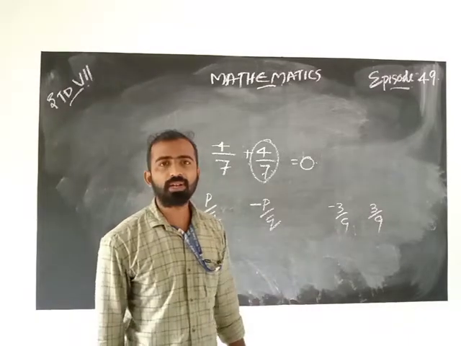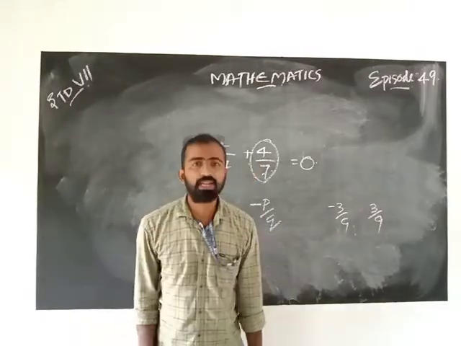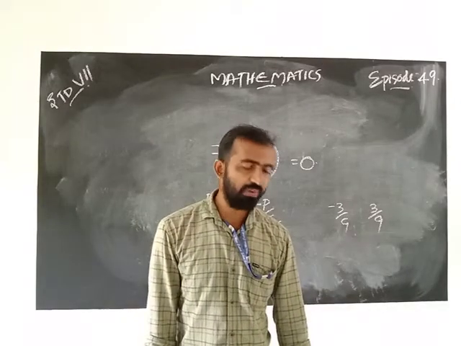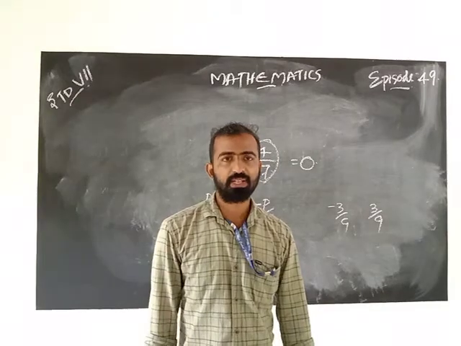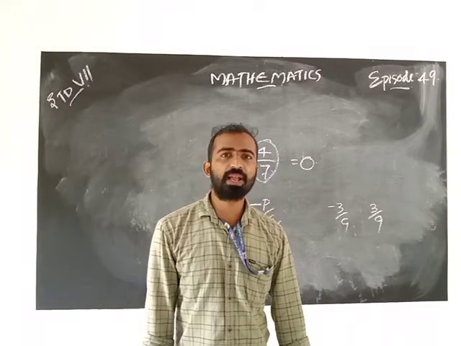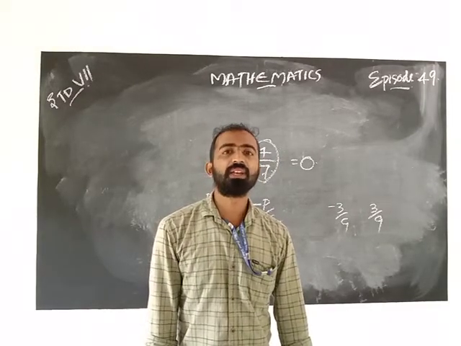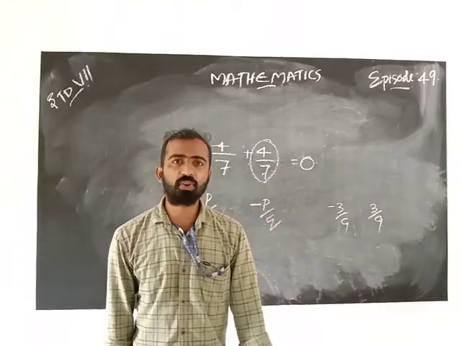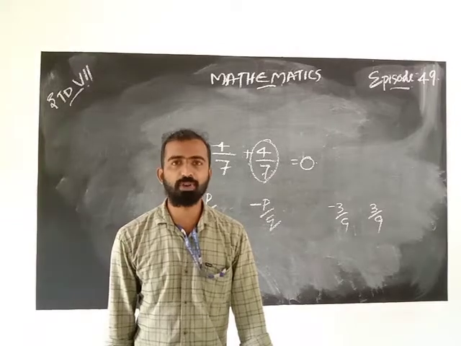That is the answer. Next is 5 by 7. The additive inverse of 5 by 7 is negative 5 by 7.